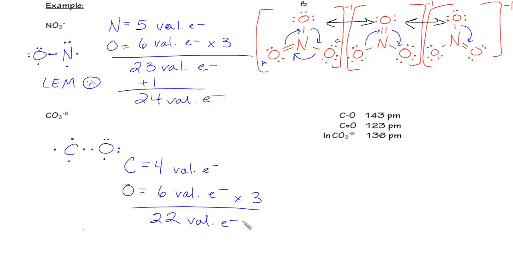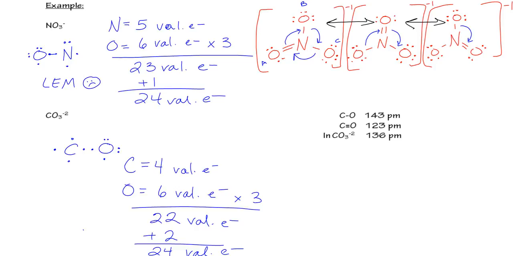Well, I can tell you right now that if you only have 22 electrons to work with, you will not be able to give carbon and oxygen an octet. And they need octets. They're only in the second energy level, so they can't do anything crazy and take more. That's why there's a -2 charge. That -2 charge means we get to add 2 more electrons for a total of 24. So we get to use 24 valence electrons and distribute them so that everybody gets an octet.